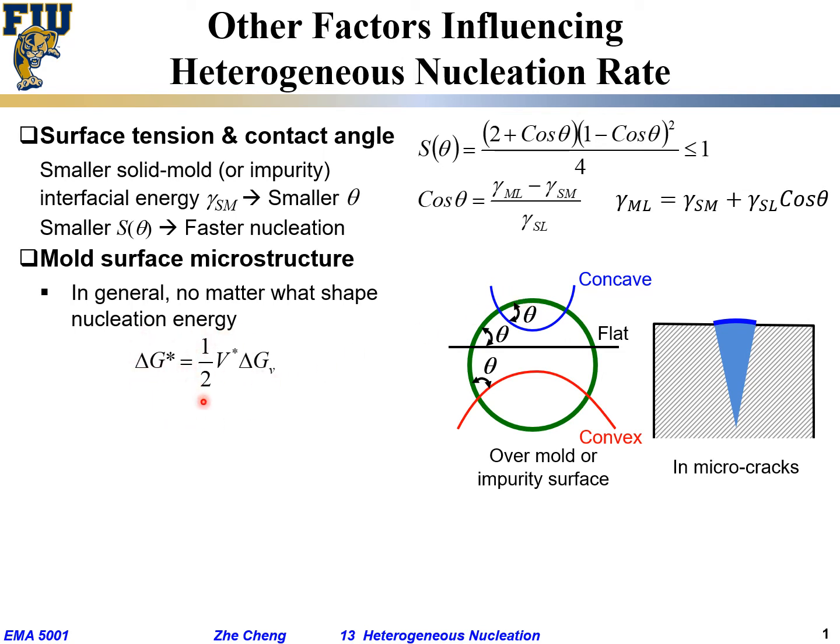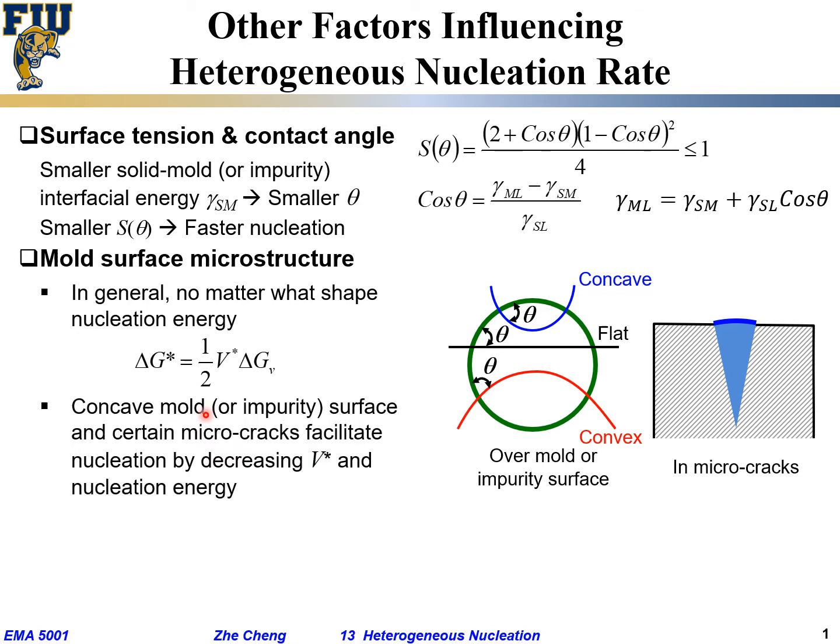Generally the concave one, when it's like this, or within a deep crack, we would have the smallest volume for the nucleus and the smallest barrier for it to overcome. And typically it would grow out first in these types of locations within the small cracks.